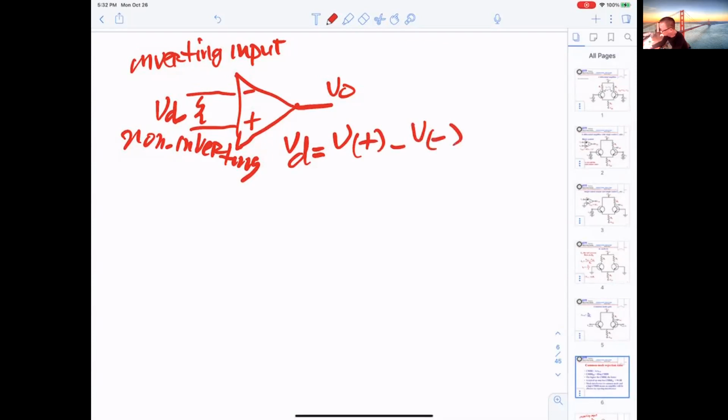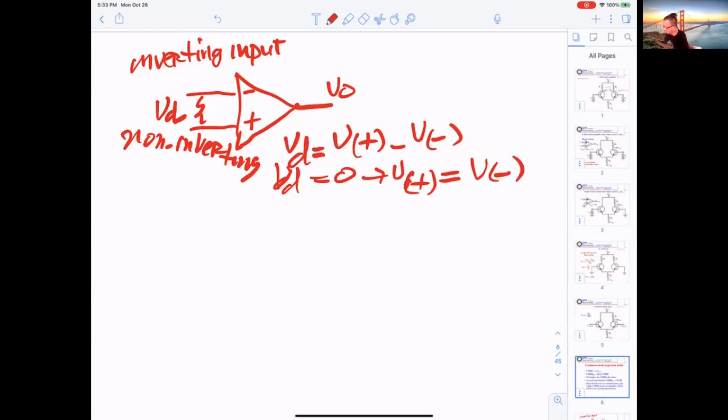And they want VD equal to 0. That is only telling you that all the time, V at positive will be equal to V at negative. Okay?